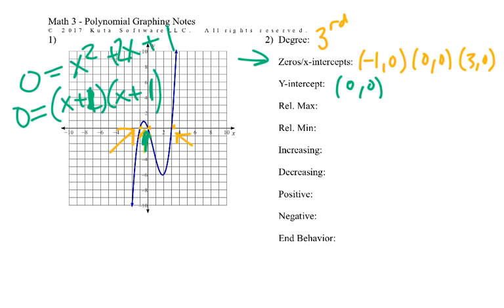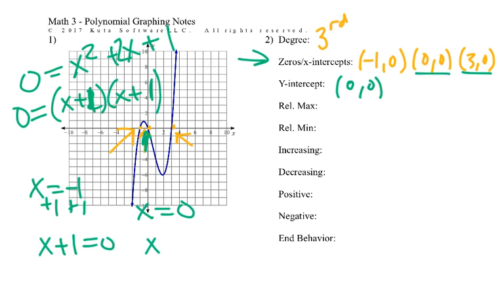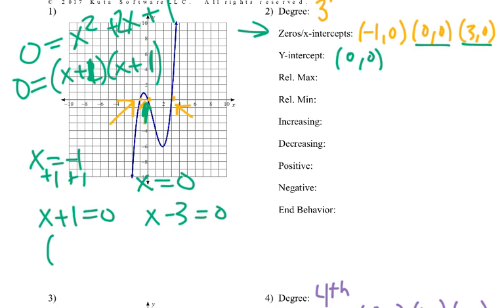So if I look at these zeros and I work backwards, it's like x equals -1. Well, if I add 1 to both sides, I get x plus 1 equals 0. And I would get just x equals 0. And I would get x minus 3 equals 0. And if I wanted to, I could then find the equation by taking these and multiplying these together.